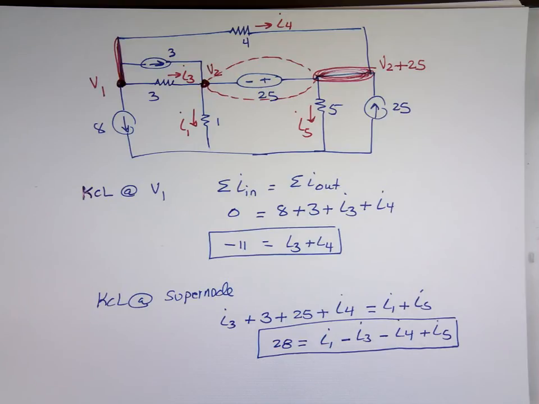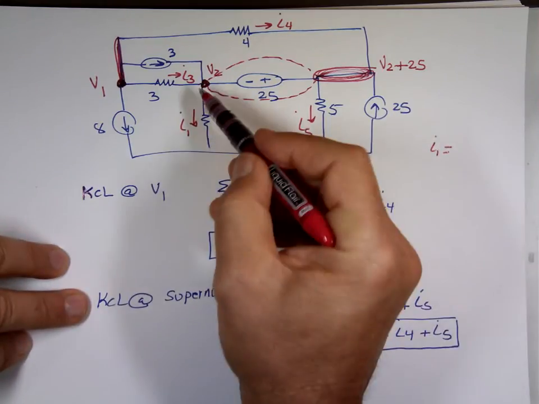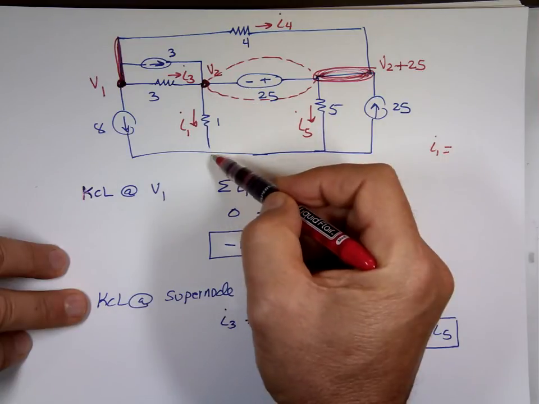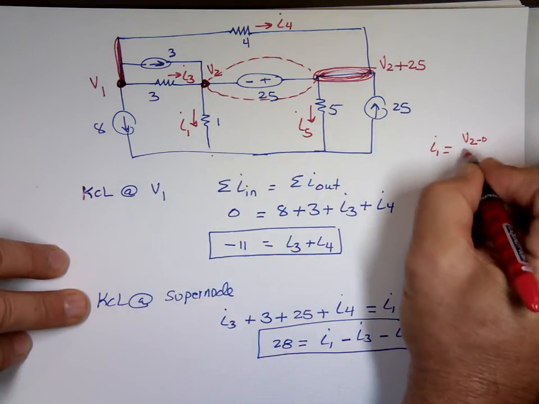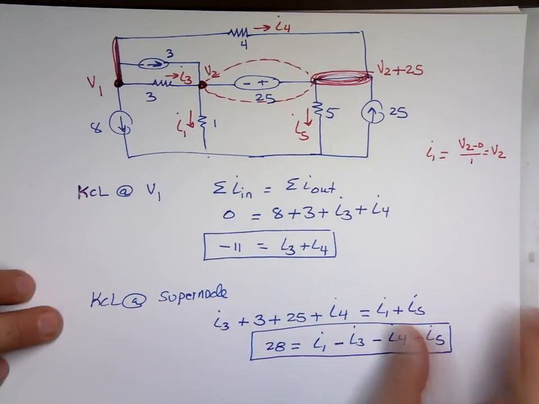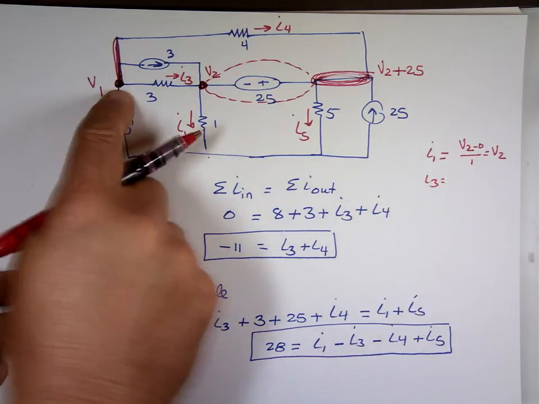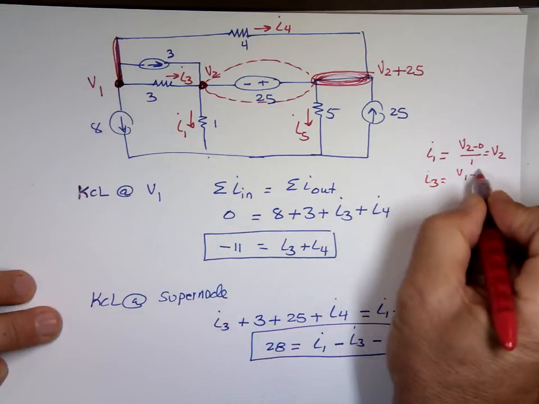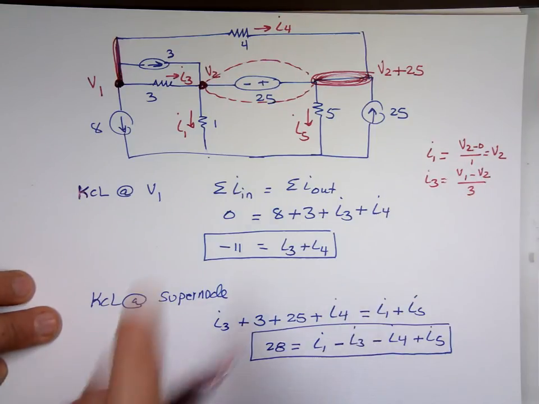And again, let's write each of these in terms of the voltage. What is I sub 1? It's this voltage minus this. It's V2 minus nothing. V2, that's V2. What's I sub 3? V1 minus V2 over 3. What's I sub 4?